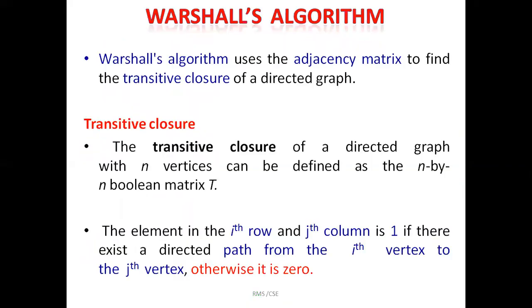So by using this adjacency matrix, we need to find the transitive closure for the directed, unweighted graph. Now, what is transitive closure here?